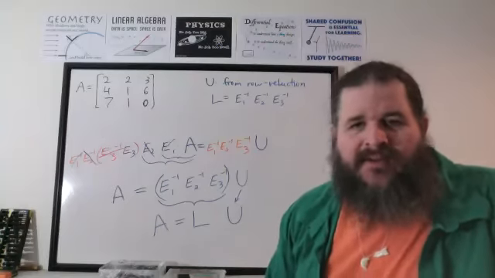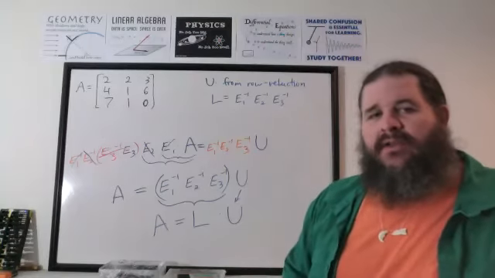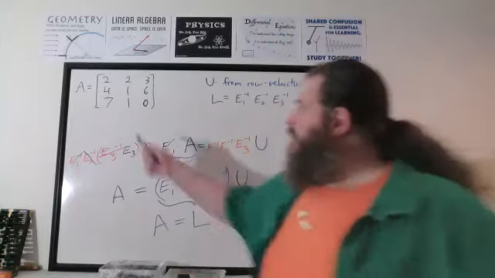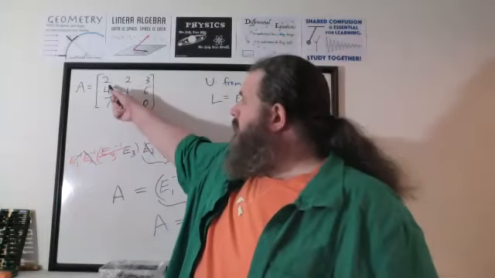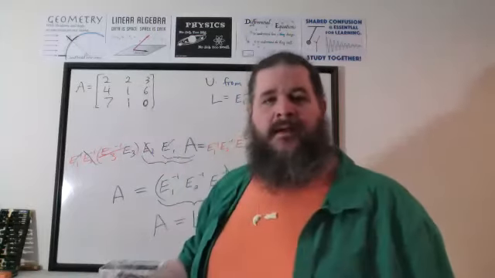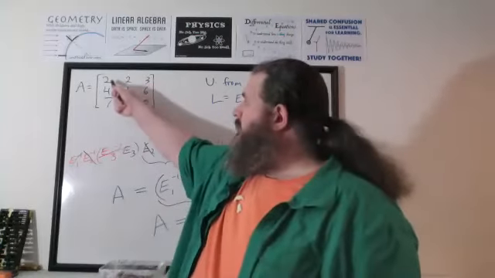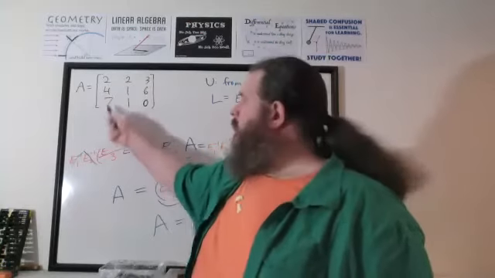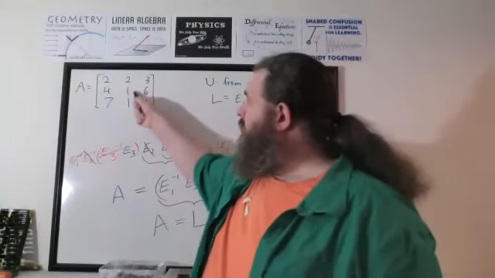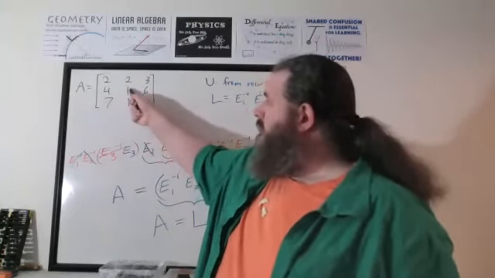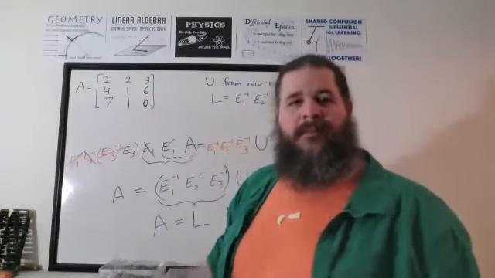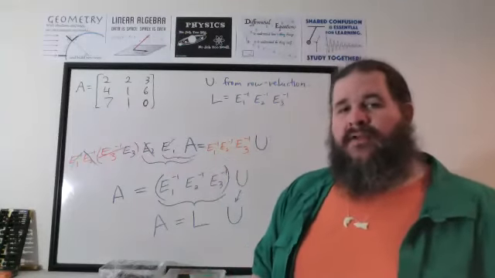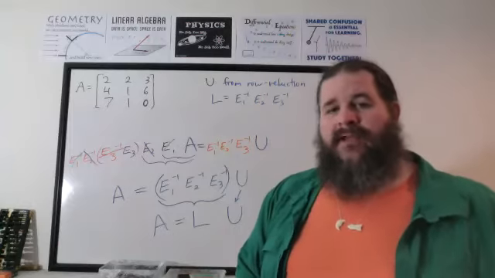How do we know how many steps? Just by looking at the problem? You can't necessarily always tell. In this case, I would assume it's 3 because you need to eliminate 3 numbers. So presumably you use this 2 to eliminate the 4 and use the 2 to eliminate the 7. Then you take a look at whatever number remains here after those row operations and use that to eliminate whatever number is here. It's not necessarily that many though. 3 I would think would be the maximum.